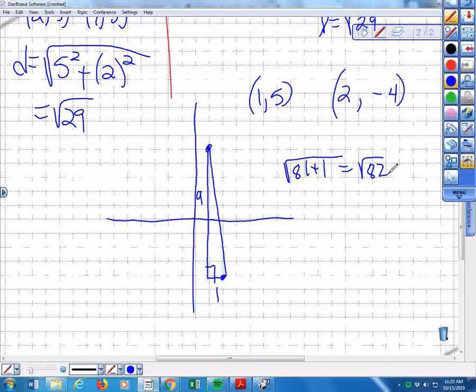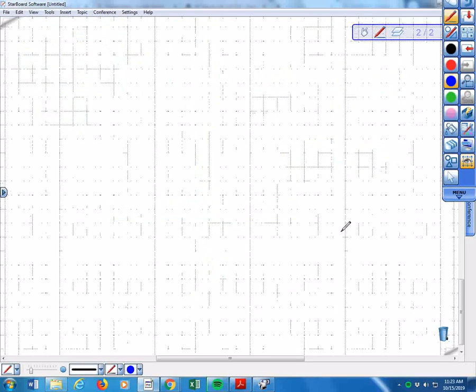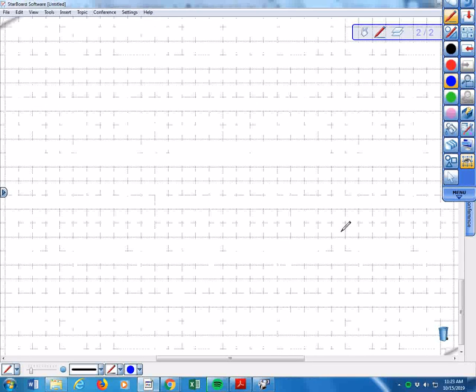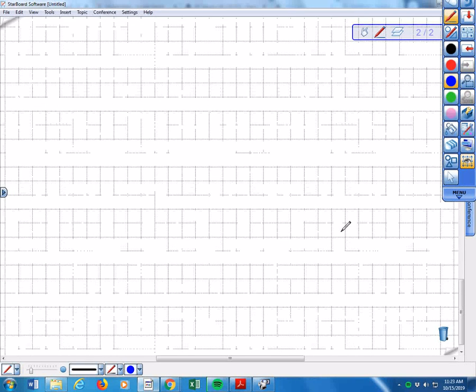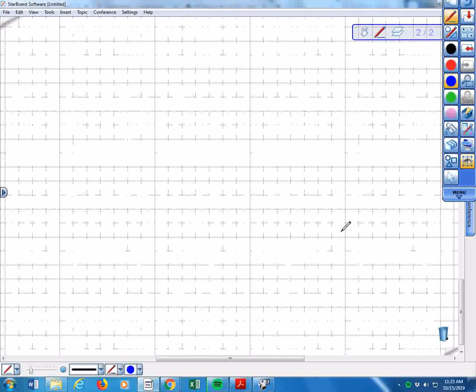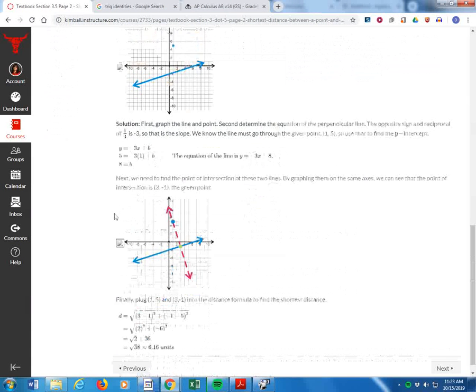Okay, so let's move on now to the reason that we want to learn the distance formula. This is going to combine the distance formula from 3.5 with what we know about parallel and perpendicular lines in 3.4. I'm going to just pick one from the book so I make sure it's a good one.